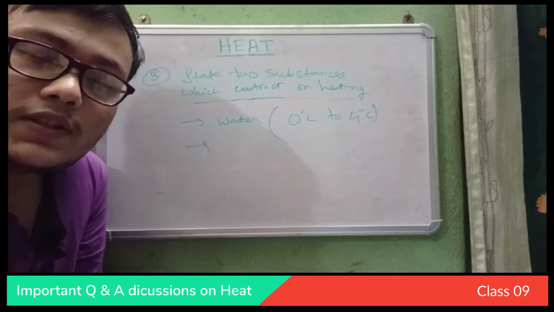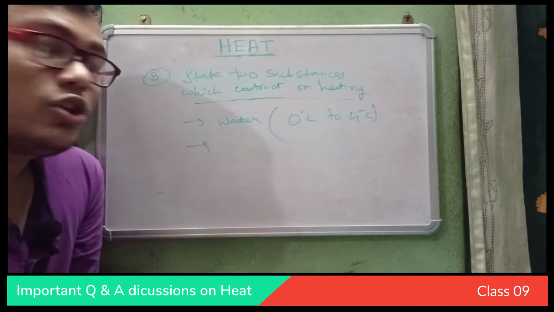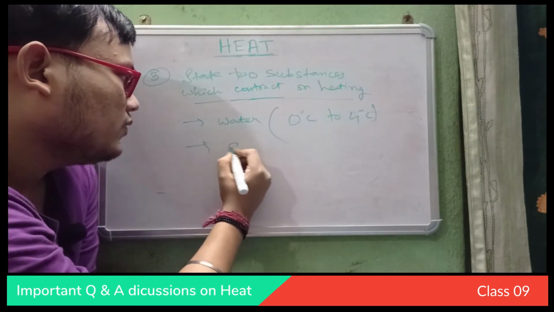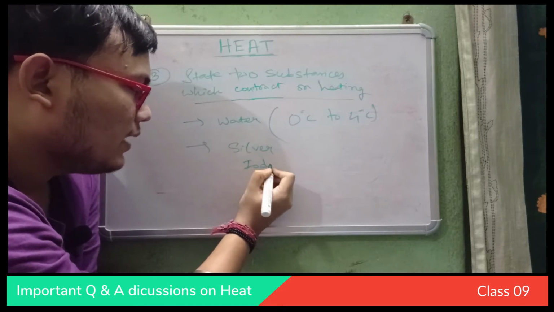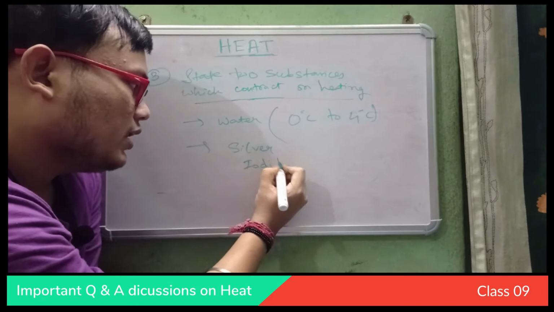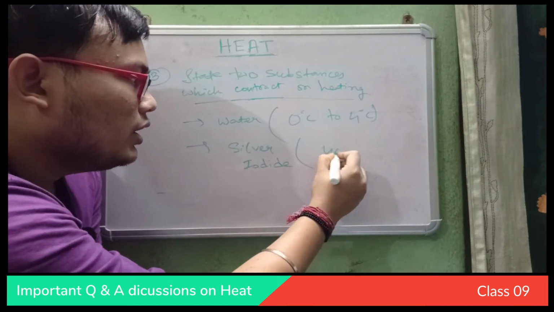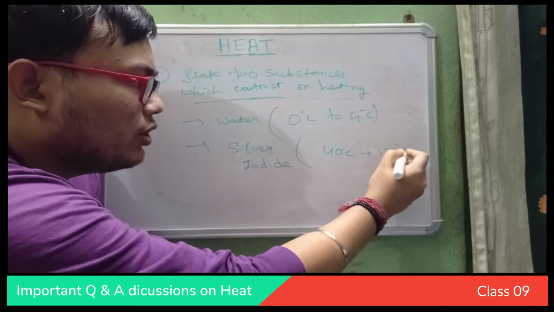I had also discussed in my video about silica which exhibits anomalous expansion. Now in this question I'll discuss another substance like silver iodide also exhibit the same anomalous expansion within the temperature range of 40 degrees Celsius to 181 degrees Celsius.